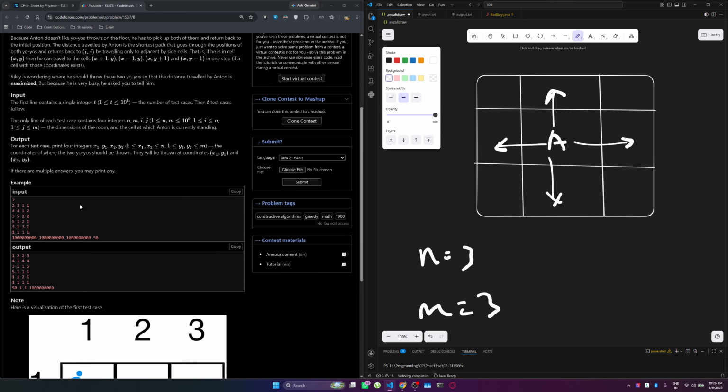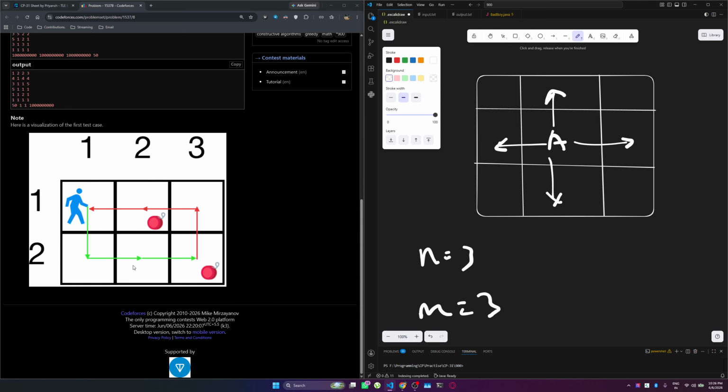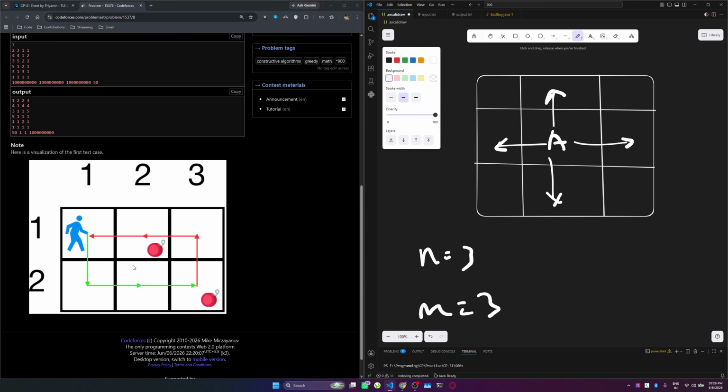All right, let's go through. Let's say Anton is standing here. Now we have one yo-yo at the end, obviously, so that he has to go through this.